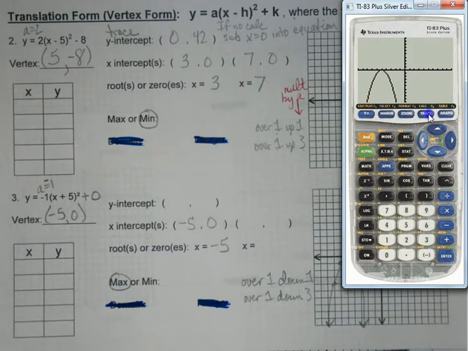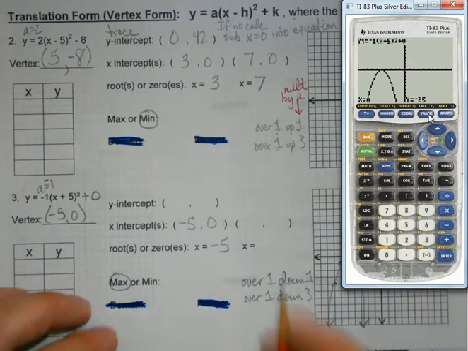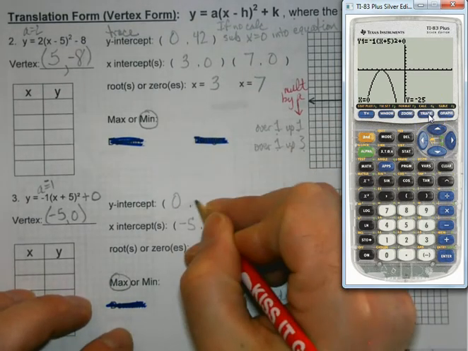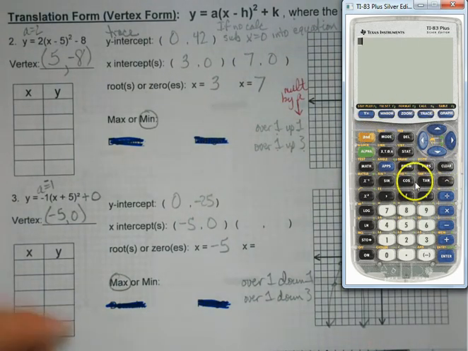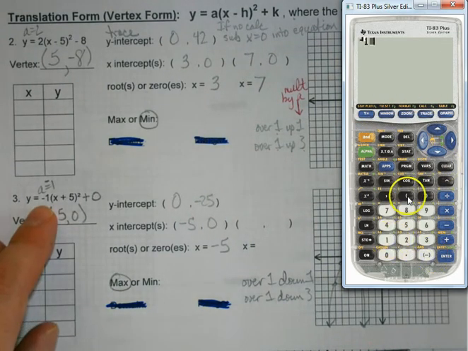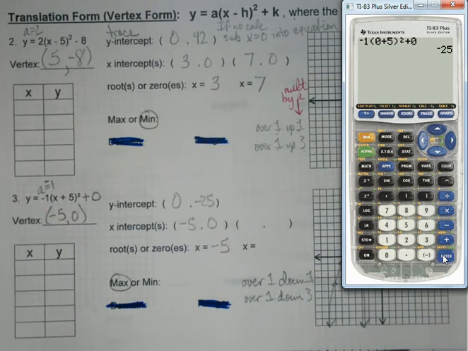I can hit my trace, and there's my y-intercept. But if I don't have a graphing calculator, it doesn't mean I can't do it. It just means I type this in and use a 0 where the x is. Get the same answer.